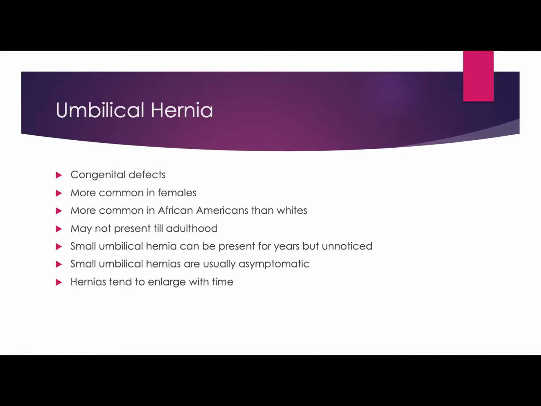So if they are increasing in size, then we have to repair it because there would be also risk of incarceration later. They are more common in females and more common in African Americans.